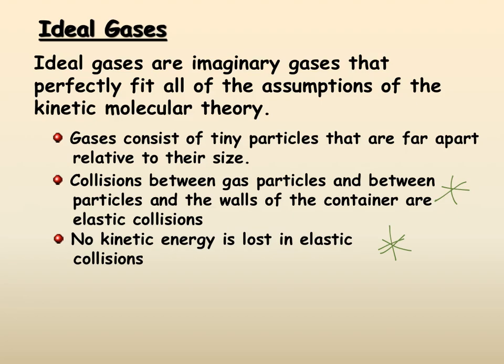But the collisions between the gas particles being elastic is nearly impossible to make happen. Inherently, there's some friction, some energy lost every time these particles collide, so they are not truly elastic. But we can make it so that they collide less and the amount of energy they're losing is small, and for certain situations, we can ignore it.